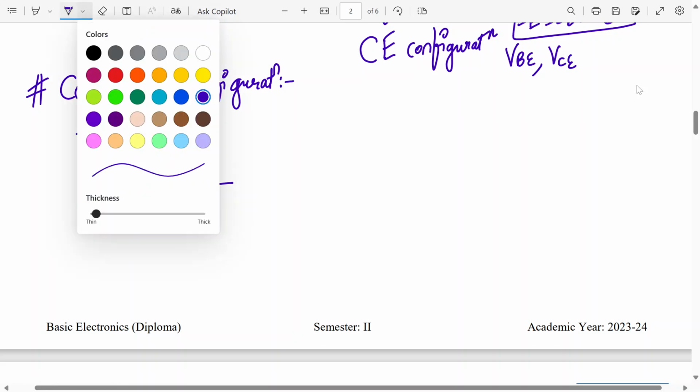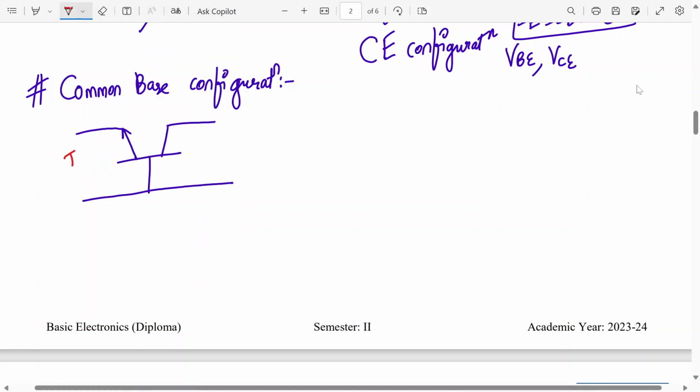So over here, which terminal will be common between input and output? This is my input, this is my output. So this is emitter terminal, base terminal, and collector terminal. So what does my input side consist of? Can you tell me? Input side में क्या क्या है? Base emitter, right? And what is the output side?